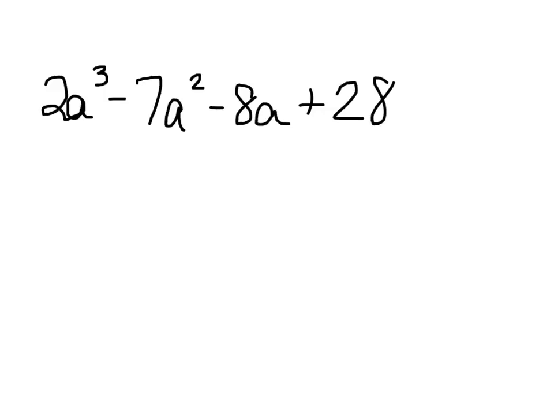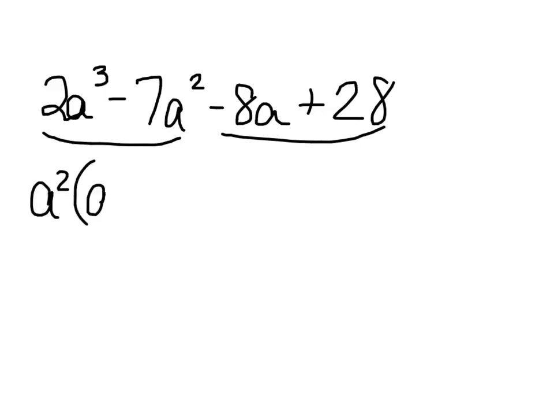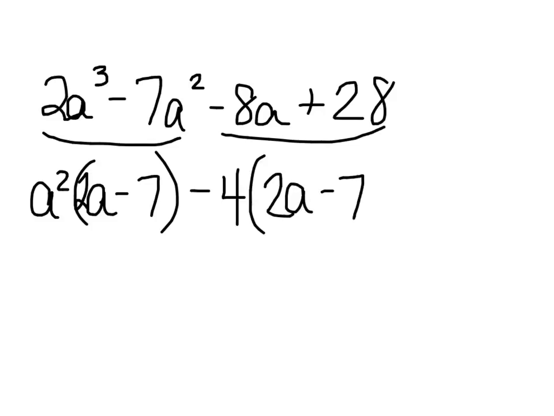When you have 4 terms, you do the group thing. What can I take out of the front group? Which leaves me with 2a minus 7. What can I take out of the back group? Negative 4. Which would leave me with 2a minus 7.